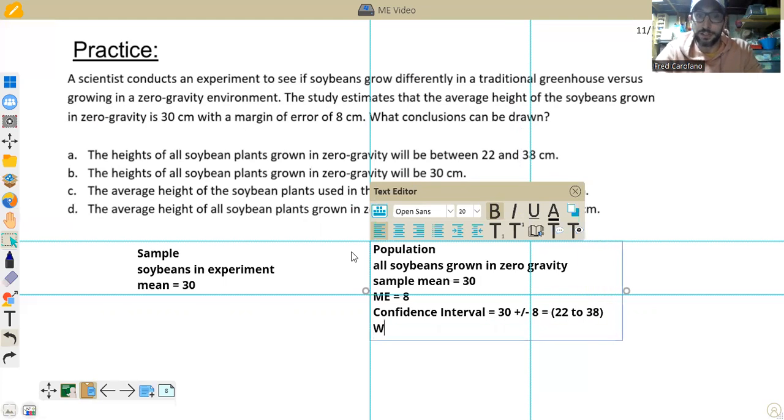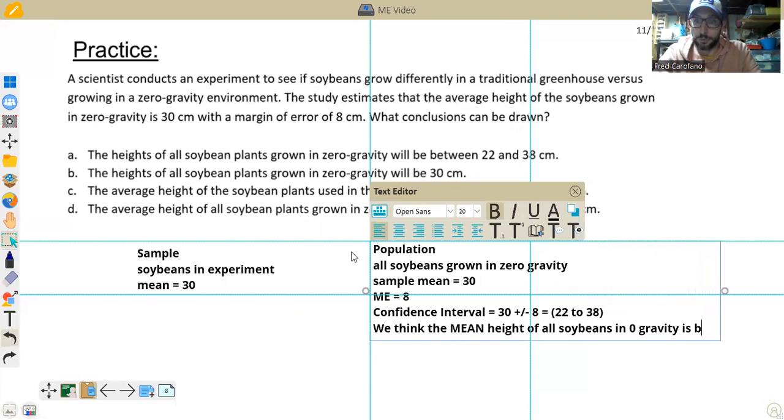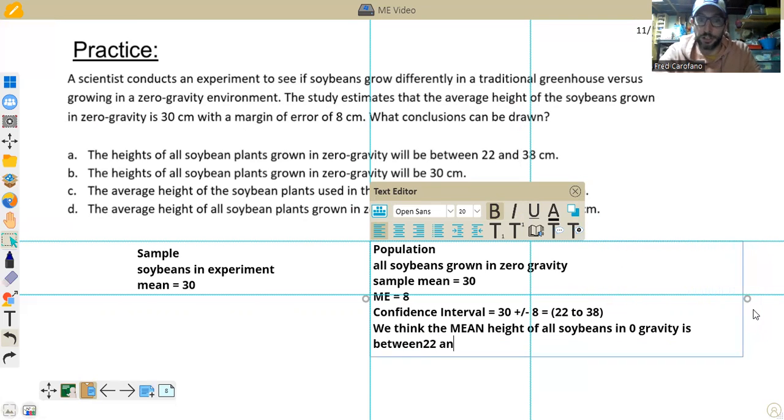And what that means is we think the mean height of all soybeans in zero gravity is between those two values, between 22 and 38 centimeters. Right, so that just kind of recaps everything that's going on.